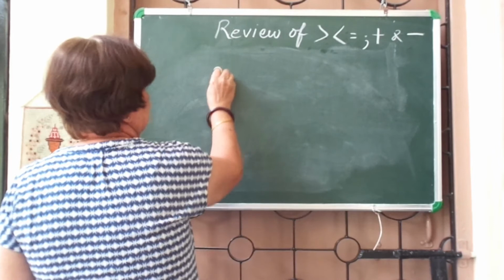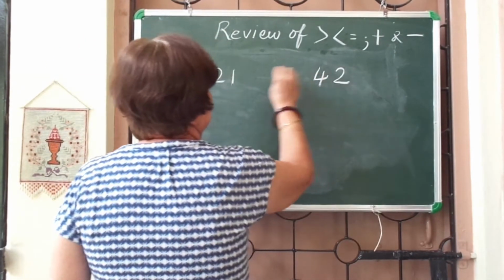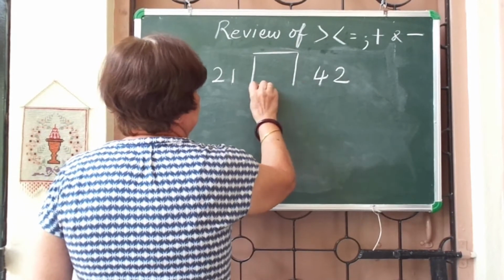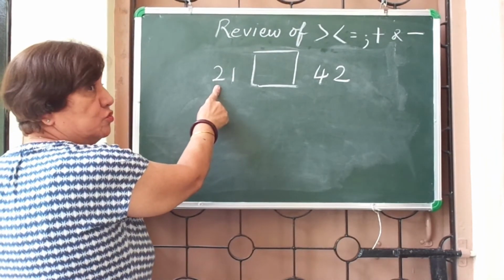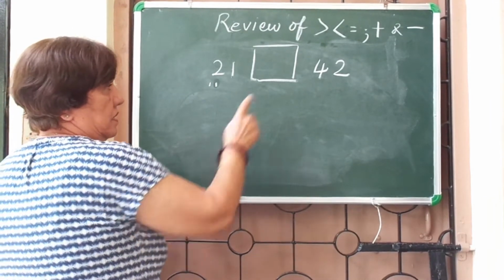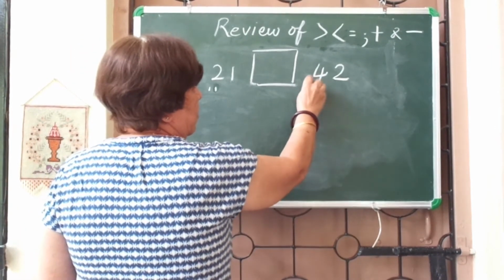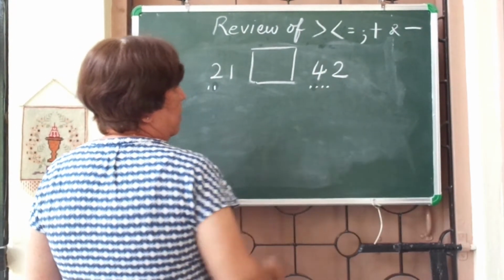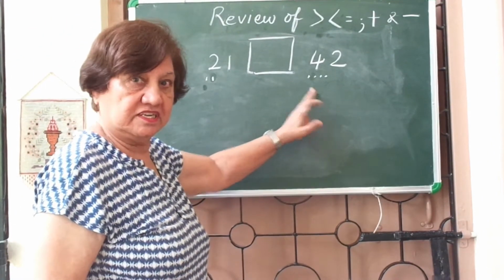If this is 21 and this is 42, we have to look at the first number. What number is this? 2. So how many dots will I put here? 2. 1, 2. This is the first number. How many dots will I put here? 4. 1, 2, 3, 4. So which number is greater? 2 or 4? 4 is greater.